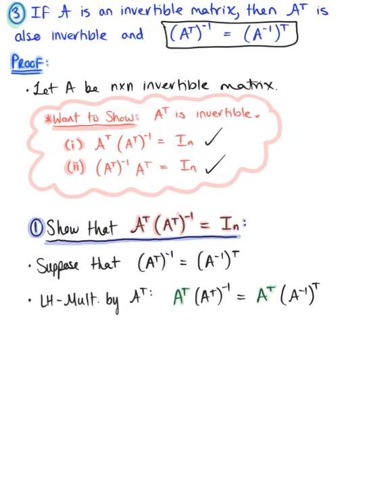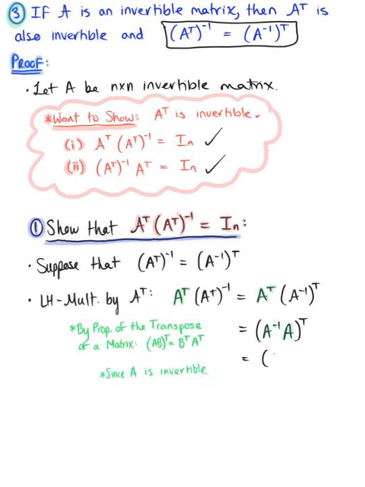So we're going to leave the left-hand side alone, and we want to manipulate the right-hand side to attain that identity matrix. Now, the right-hand side can be rewritten using the properties of the transpose. So we can rewrite this as the transpose of the inverse of matrix A multiplied by matrix A. And now, since matrix A is invertible, we know that this is equivalent to the transpose of the n by n identity matrix, which is just equal to that n by n identity matrix, which is exactly what we need.